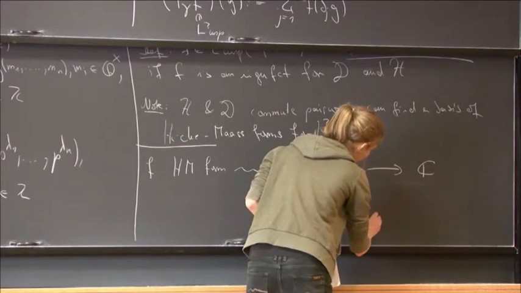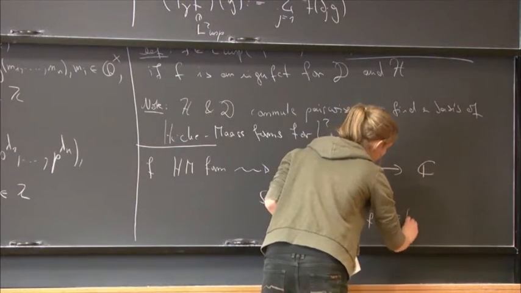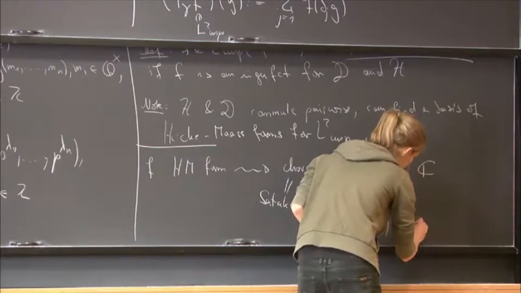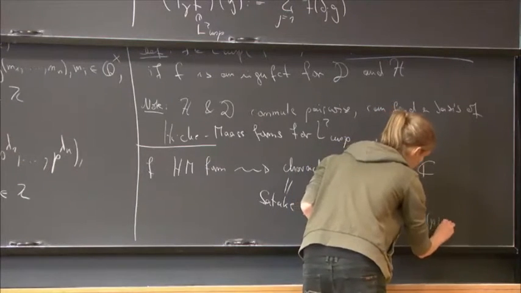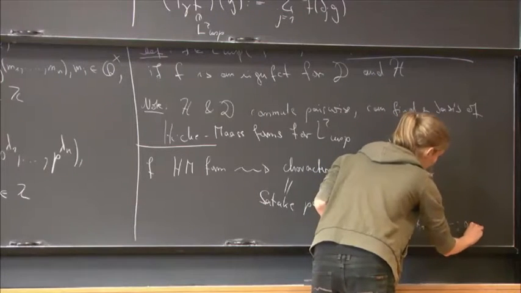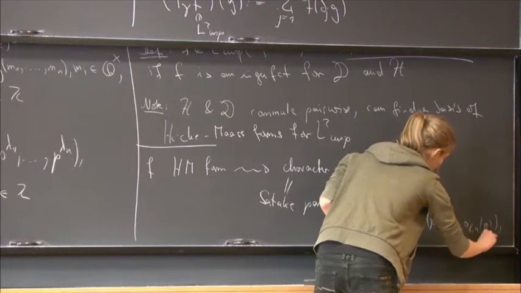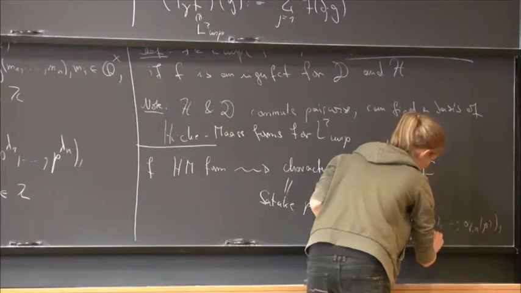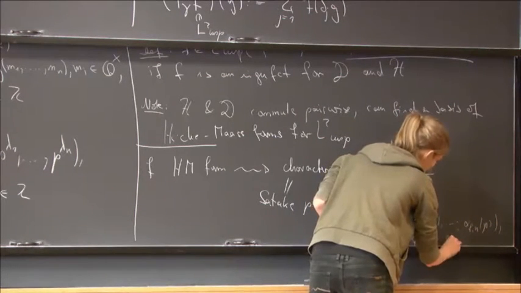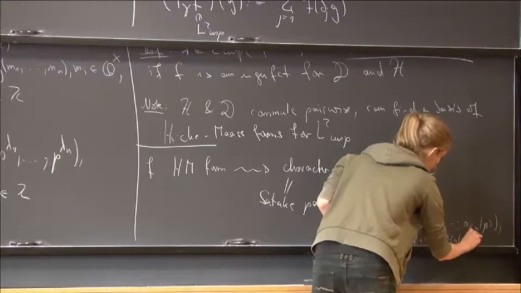And so A_f(p) can be represented as a tuple of n complex numbers whose product is 1.